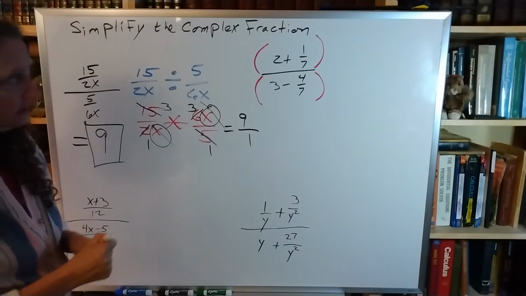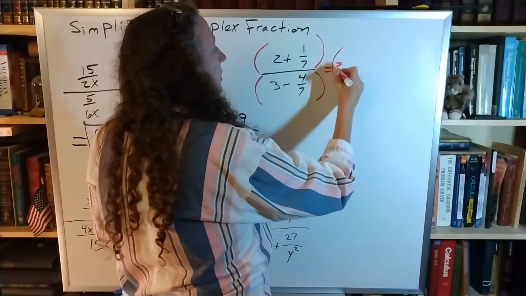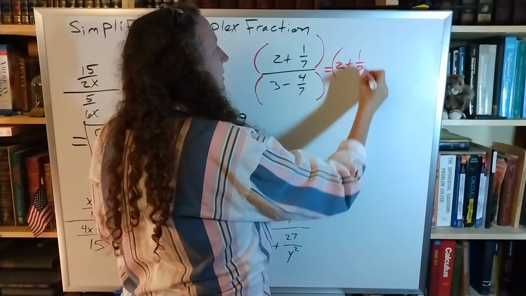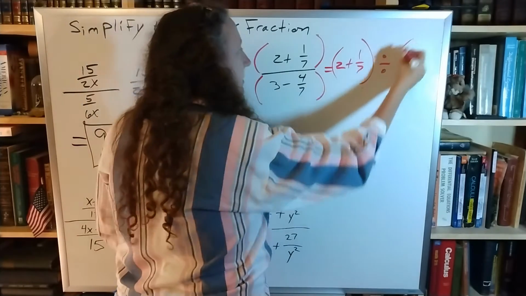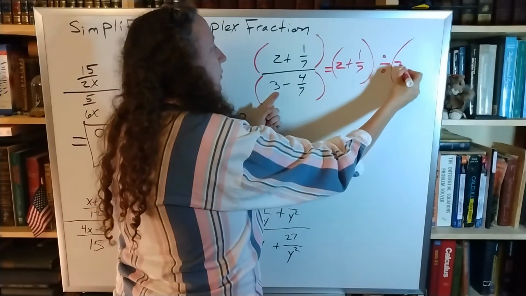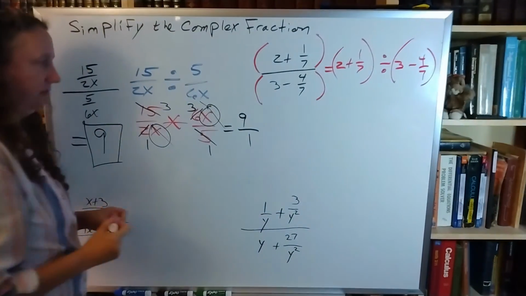So when I rewrite this, it's going to be open parentheses, 2 plus 1 over 7, close parentheses, divide by, open parentheses, 3 minus 4 over 7, close parentheses.